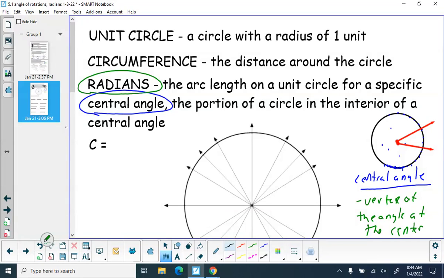So your radians is this right here. This is your radians. It is the measure of that arc length of the central angle, the interior of the central angle.